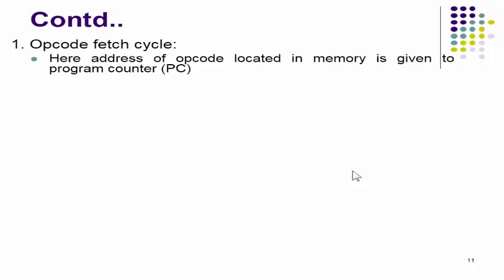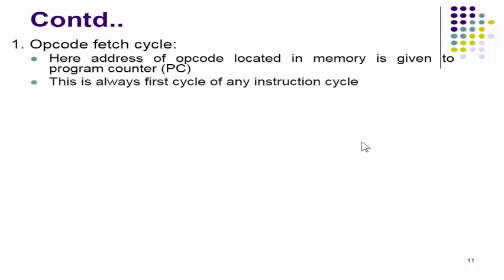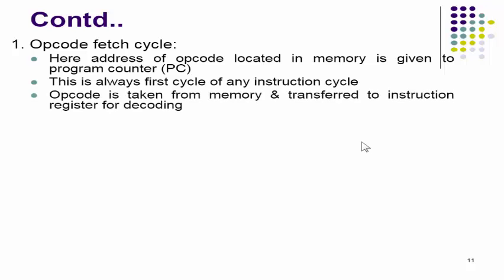So we will go one by one once again. The opcode fetch cycle: here the address of the opcode located in memory is given by the program counter. The role of the program counter in the 8085 microprocessor we know very well: it helps to maintain the sequence during execution. This is always the first machine cycle of any instruction cycle.